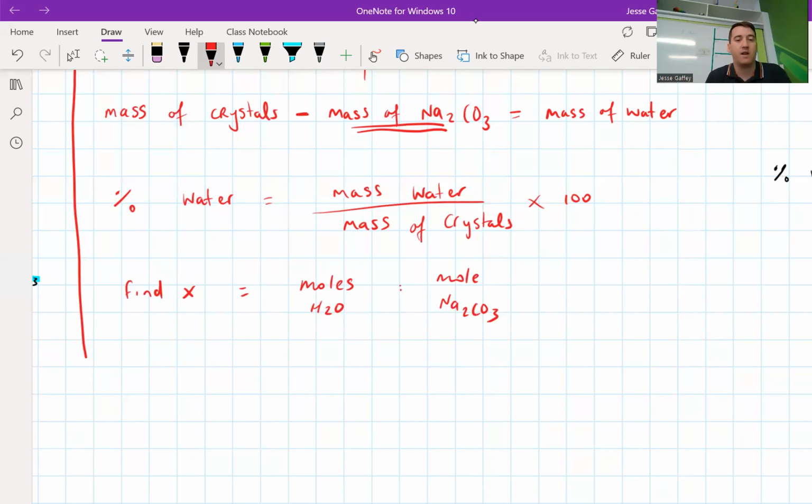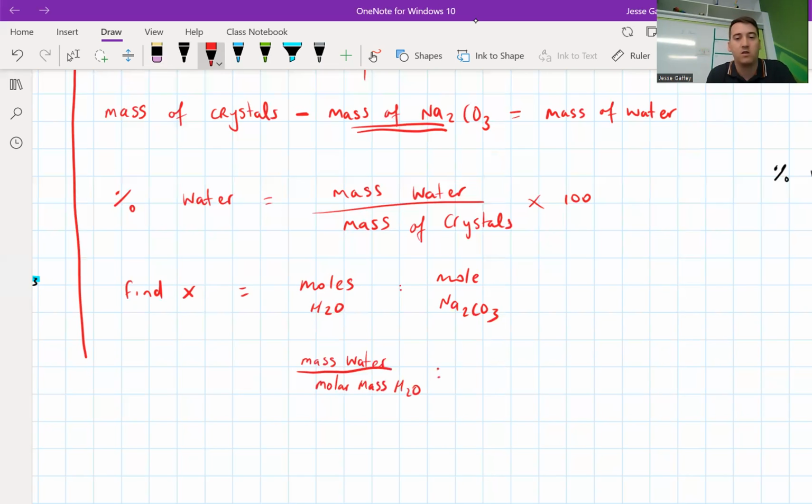Okay, if you weren't confident, let's think about how we would do this. How do we get the moles of water? Well, of course, we have the mass of water that we have in the crystals, divided by the molar mass of water. So the mass of the water we had in the crystals over the molar mass of H2O.